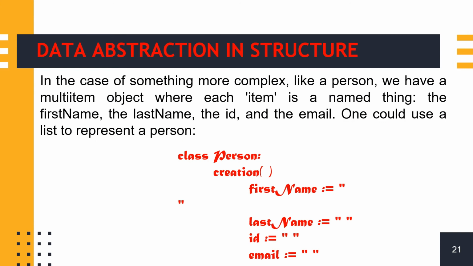Now in the case of something more complex like a person, we have a multi-term object where each item is a named thing: the first name and the last name, the ID and the email.